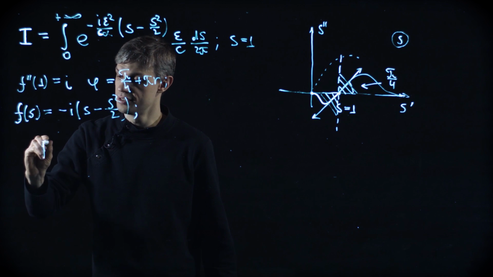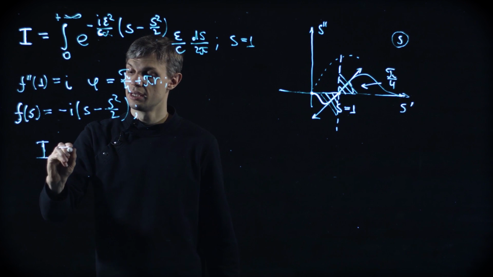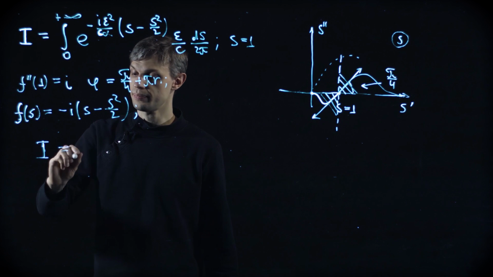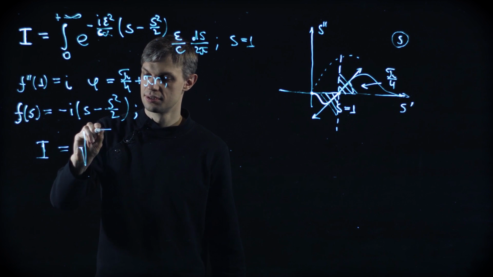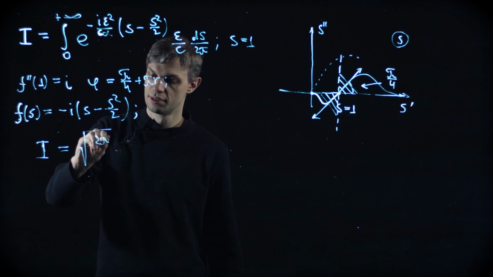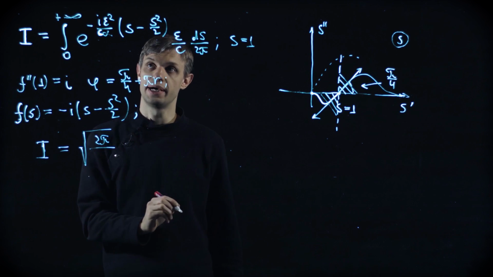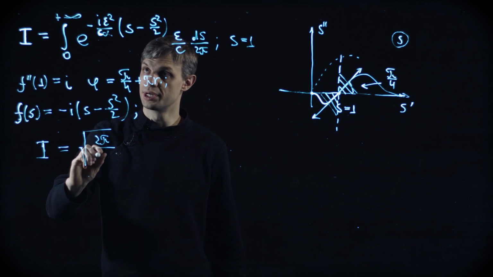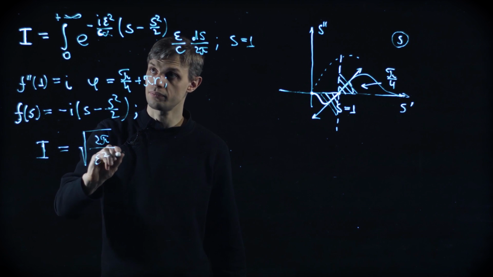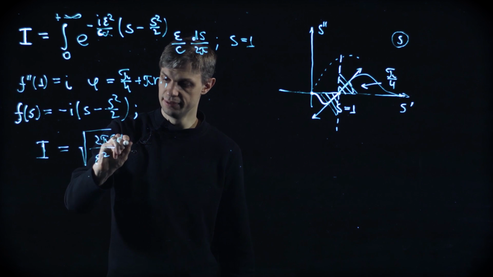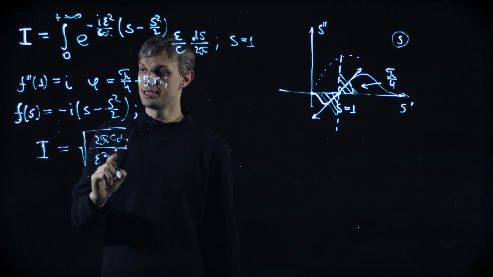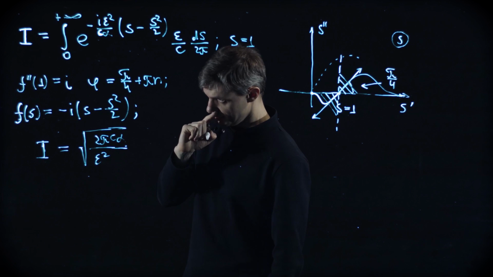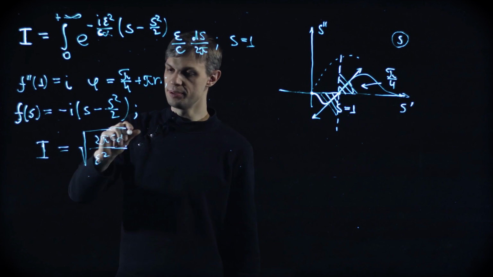So our first integral, I, is equal to the square root of 2 pi divided by lambda, which is epsilon squared over C alpha, and times the principal exponential. By the way, we didn't compute it yet.